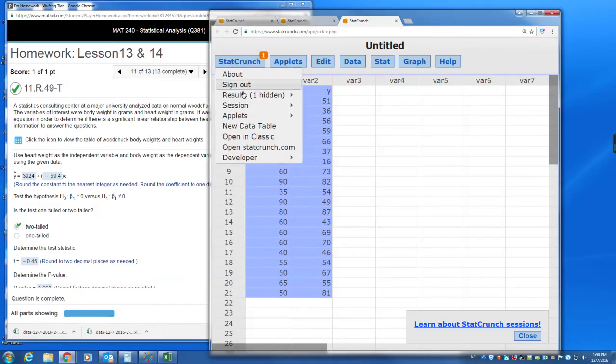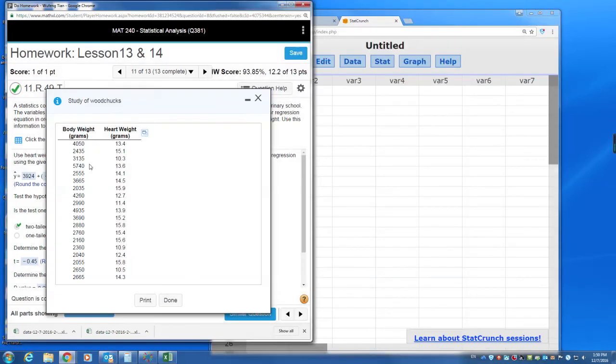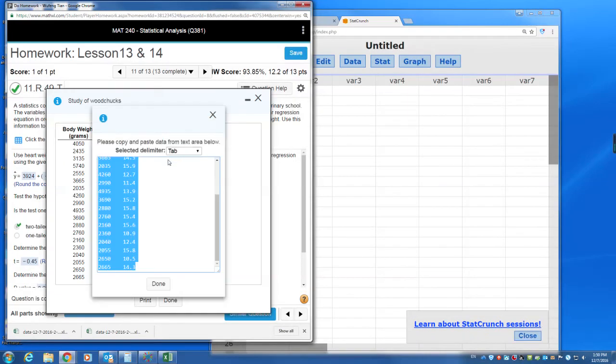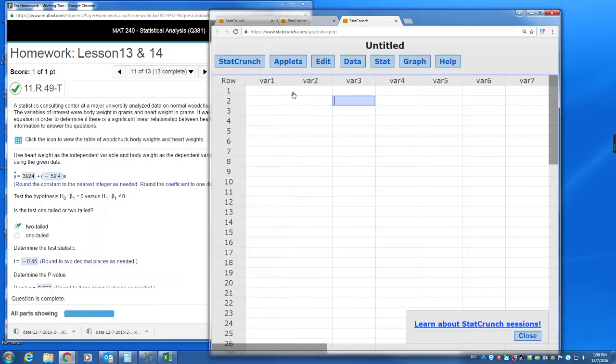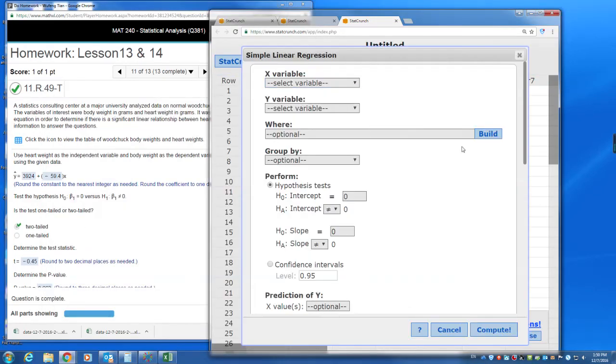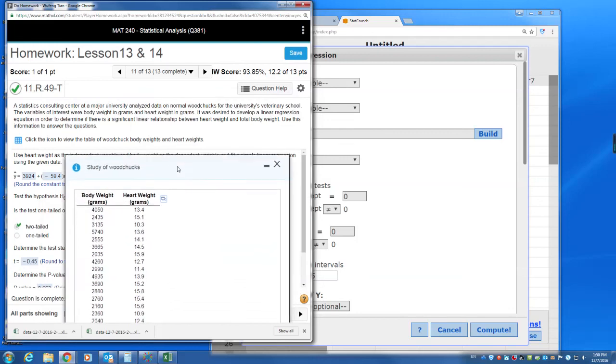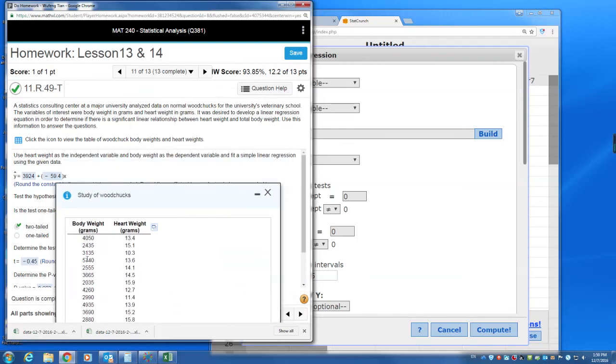So, new data table. Okay, so what you need to do, copy this, Control C, and Control V here. Then you do Stat, Regression, Linear Regression, and choose Y. I think this one you have to check it. Y is heart rate, and X is body. Let me see.